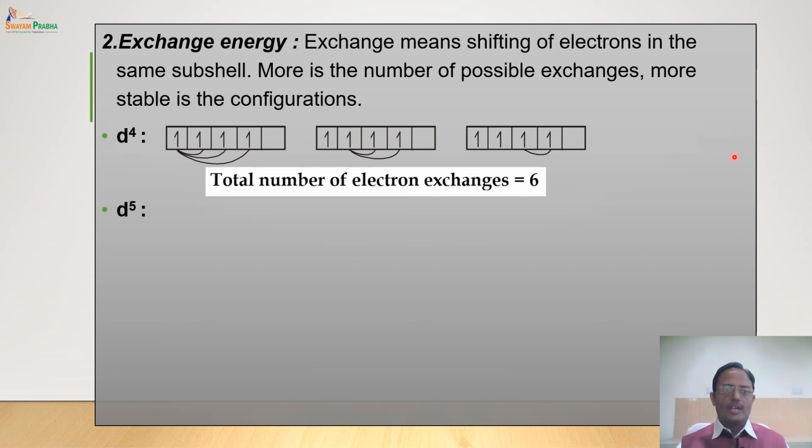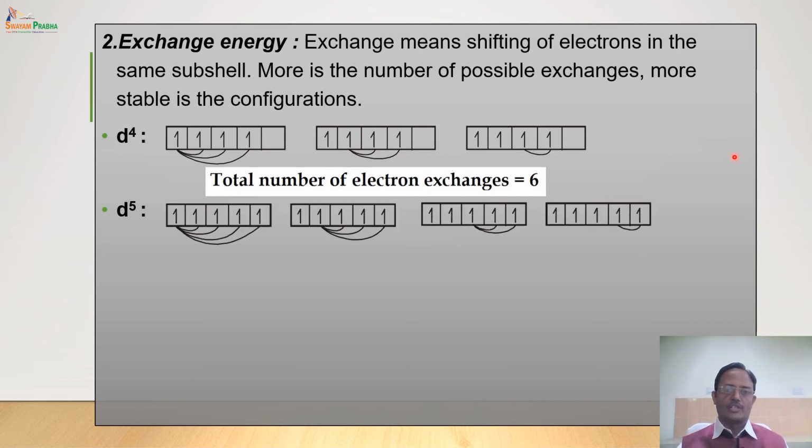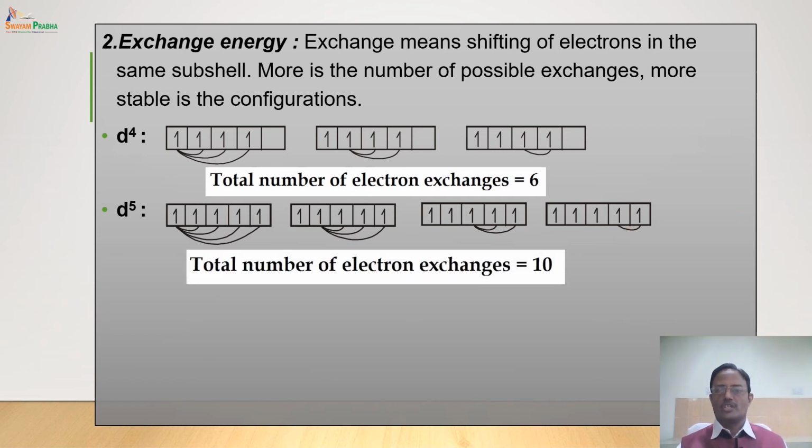Now if you have d5 configuration, see the number of exchanges. This electron number 1 can exchange with 4 other electrons, so number of exchanges are 4. Second electron has 3 exchanges, third electron has 2 exchanges, and fourth electron has 1 exchange. So total number of electron exchanges are 10.